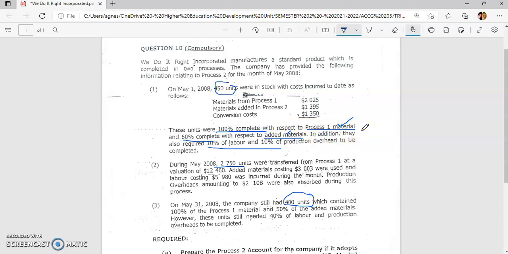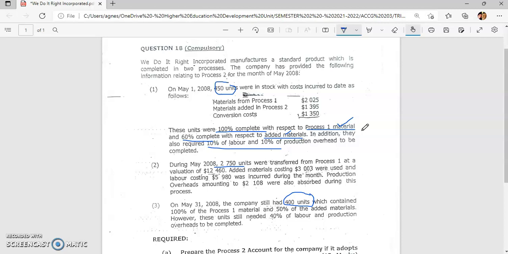In other words, when it comes to process 1 material, we don't need any more material to complete these 450 units. So therefore, the degree of completion that still needs to be done for process 1 will be 0%, because we don't need any more process 1 material.